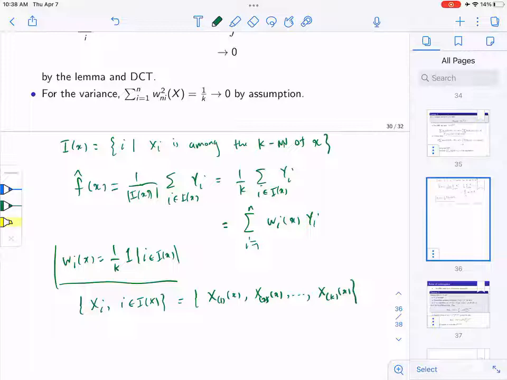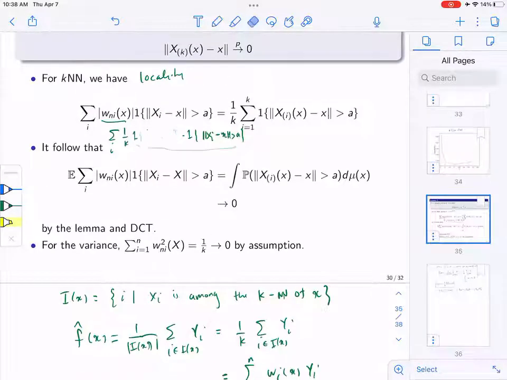The set of all the i's that are among the k nearest neighbors are just these guys. So what I would get is summation 1 over k, summation i in I_x. You can write it like that. And for i in I_x, it's just these x_i's, for i equal 1 to k. Just think a little bit about it. It's quite obvious.